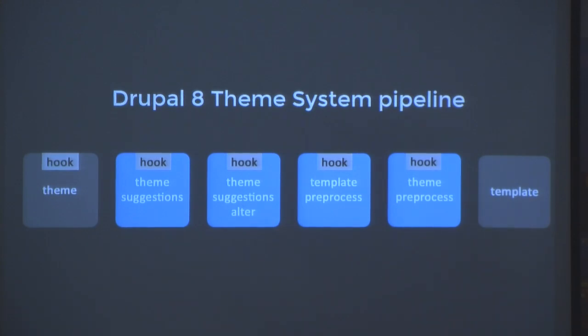In the end, I'm going to explain some of the best practices that I figured out myself while working with the theme system. I'm also going to explain the next steps, how we are going to improve from what we have right now. Maybe some of this will happen even during Drupal 8, before Drupal 9, but some of it might happen when Drupal 9 gets released.